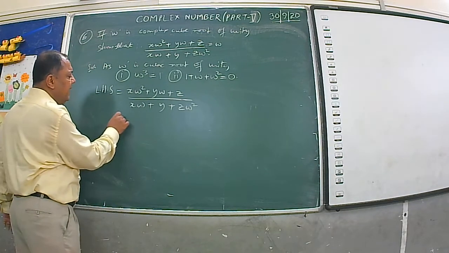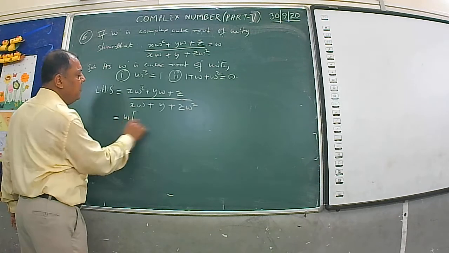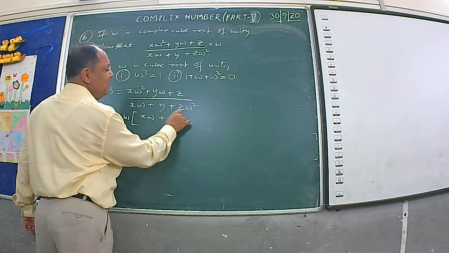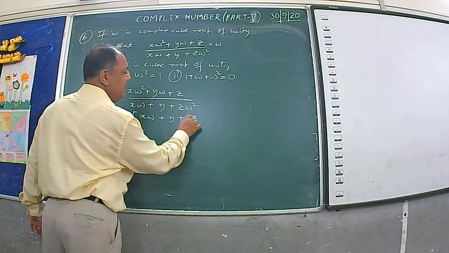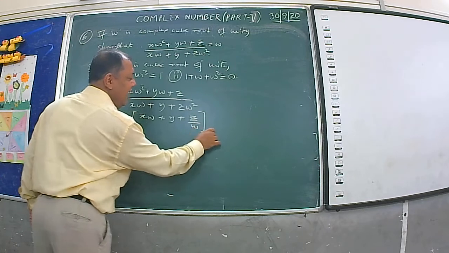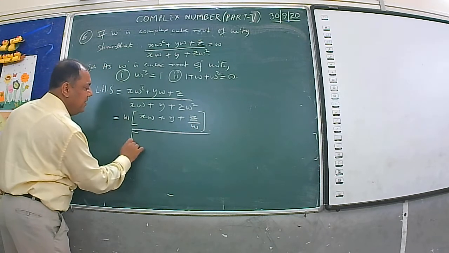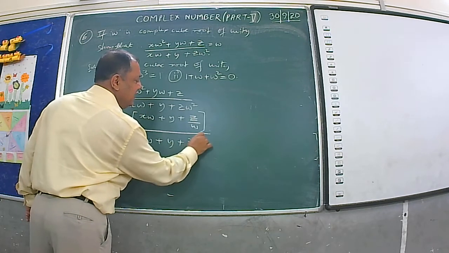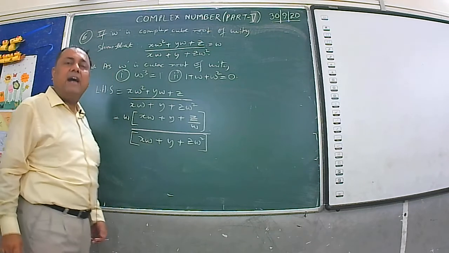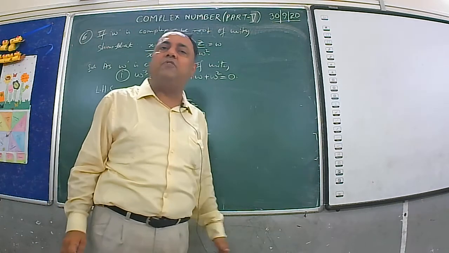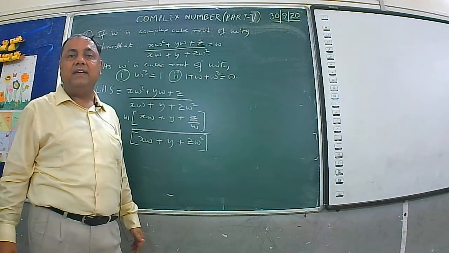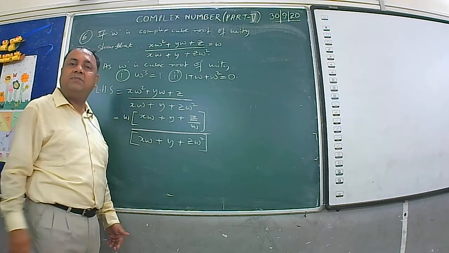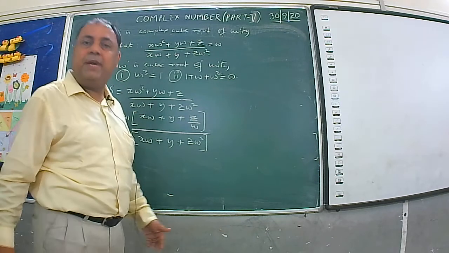I straight away take omega common from my numerator. This is x omega, this is y, and this is z by omega. The denominator remains the same; it is not changing. When I take omega common, what is left over is x omega plus y plus z by omega.